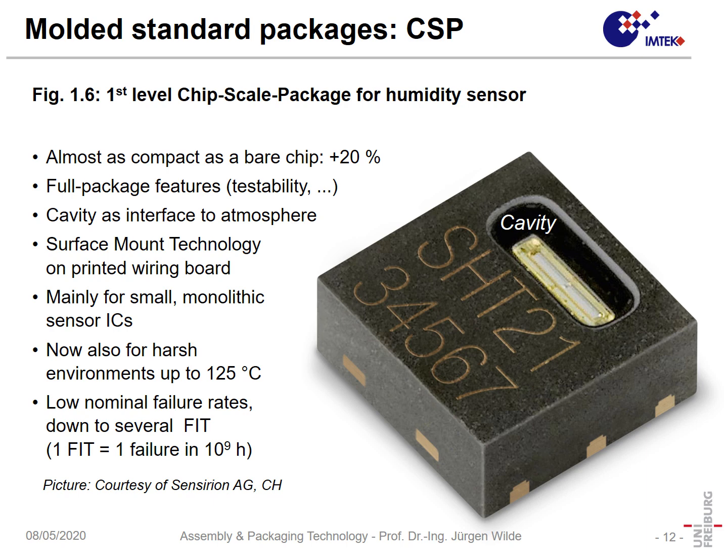To that purpose, we need a special housing. And that housing must have a cavity where the sensitive structure is open, so air can come to that structure, and the sensor can feel what the temperature is, and is it 10% humidity or is it 50% humidity, and so on.